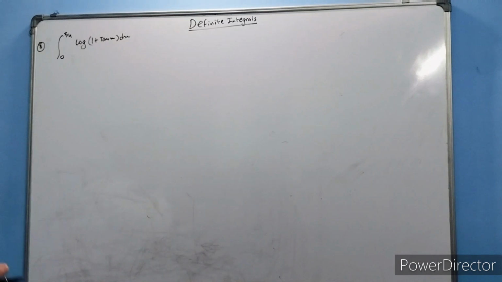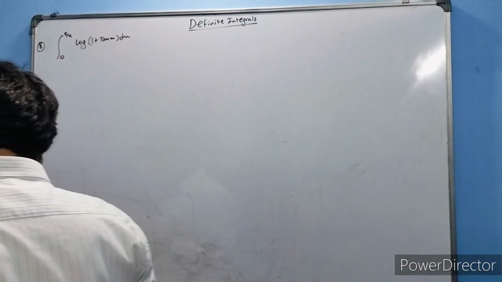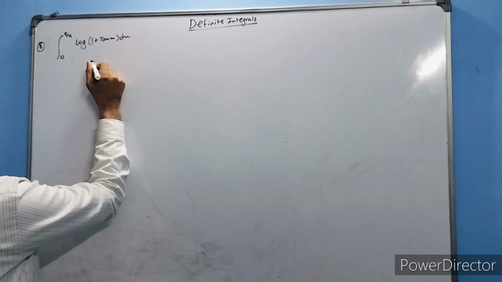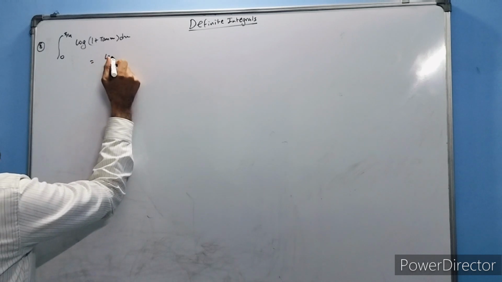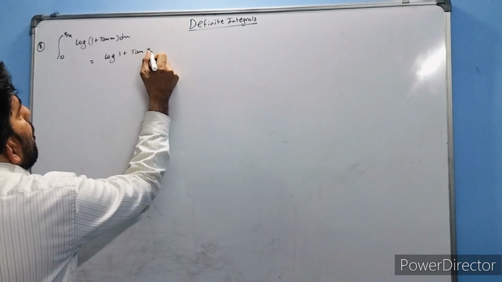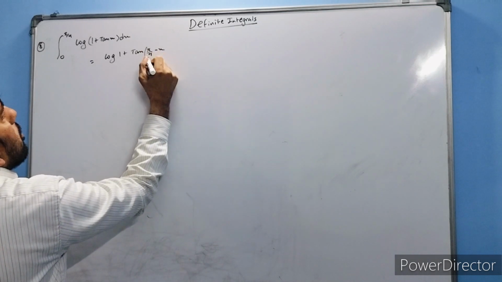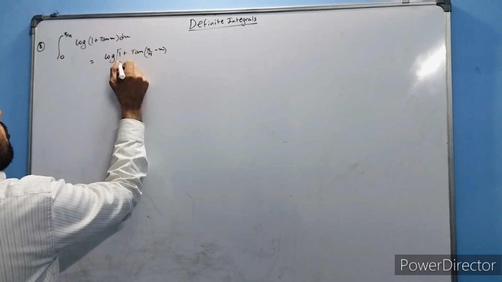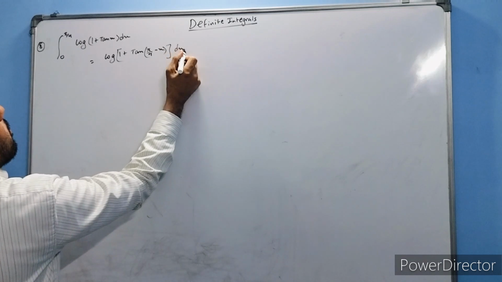Here we'll apply the property. So now let us see which property we can apply here. That is log 1 plus tan of pi by 4 minus x. Okay, so now we'll apply this property.